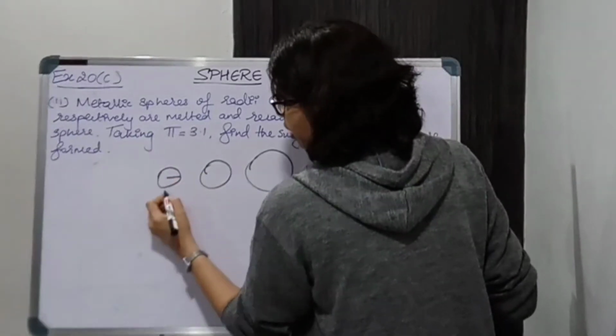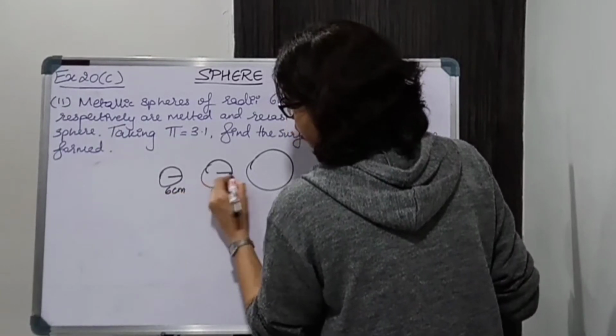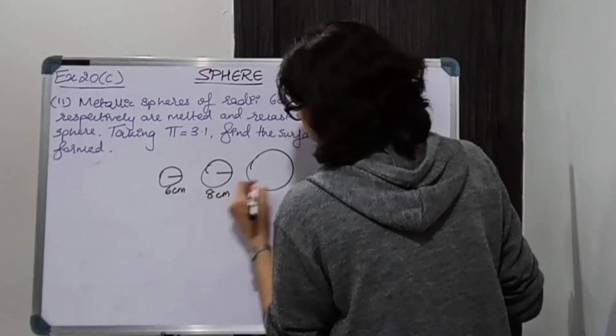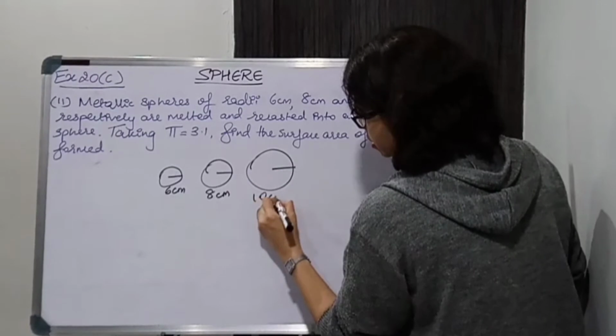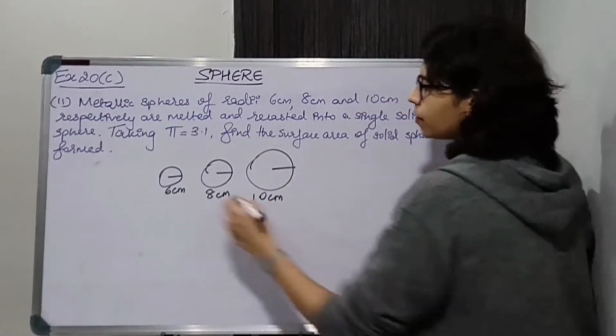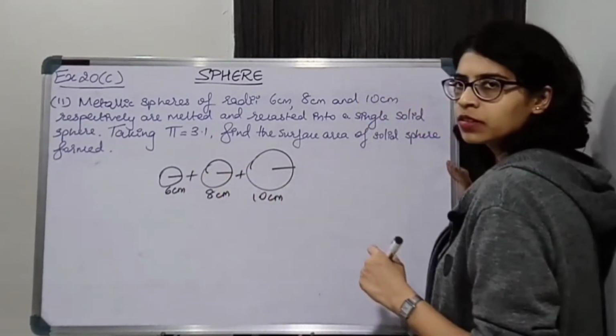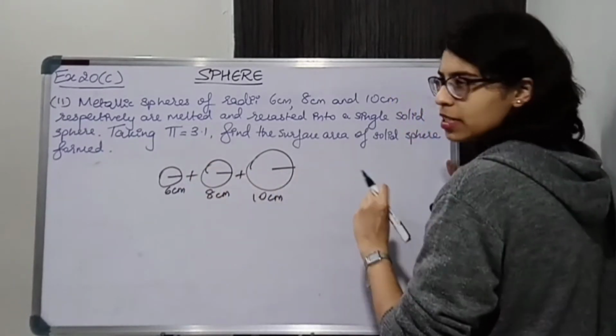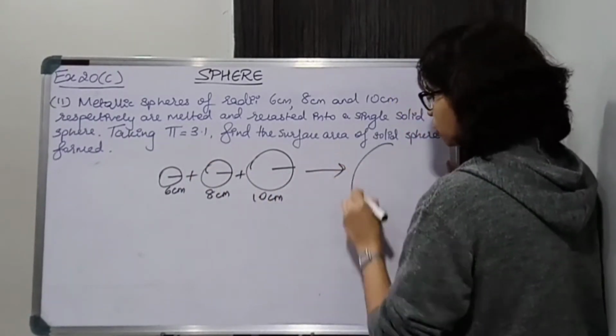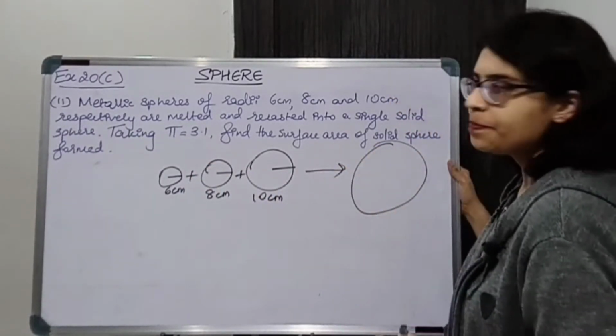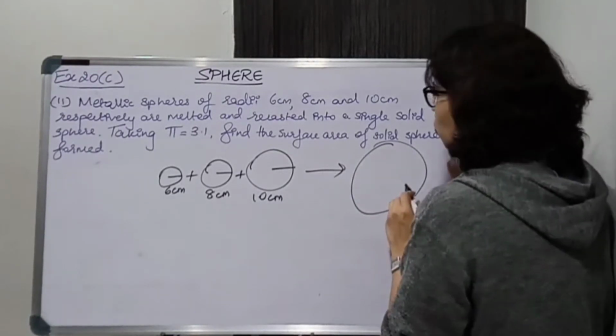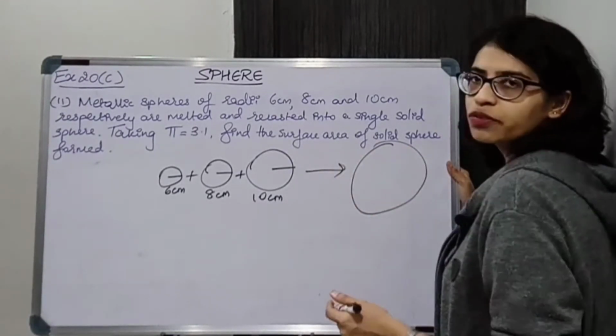One has a radius of 6 centimeters, another 8 centimeters, and this one 10 centimeters. You are melting all these 3 and forming a new sphere. You have to find the surface area of the solid sphere.